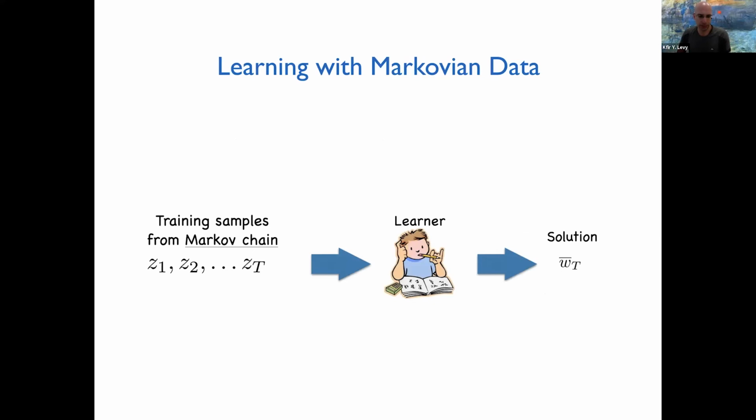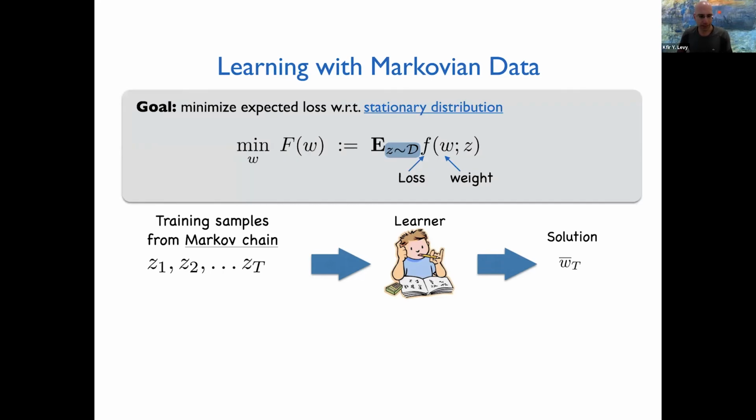Now we can present our setting. We have a learner that receives a training set of samples that arrive from some Markov chain, and the learner should output a solution, W bar, that does well with respect to the stationary distribution of this Markov chain.